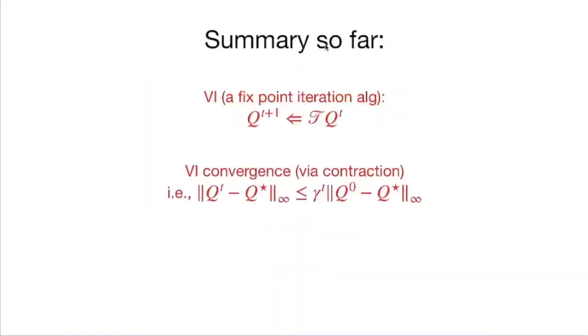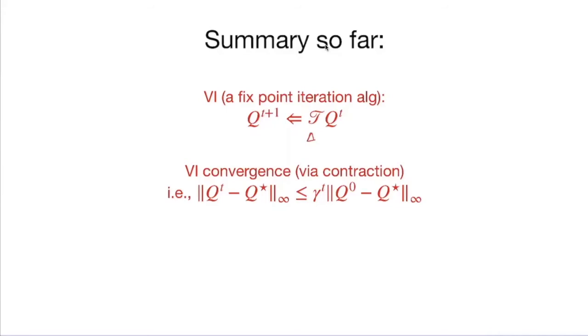So, summary so far: we started from this fixed point iteration algorithm. We call it value iteration because every iteration we are computing some values, in this case a Q function. Then we use our usual machinery. We start by proving that this operator T is a contraction map, and once we prove that, the rest is very straightforward.